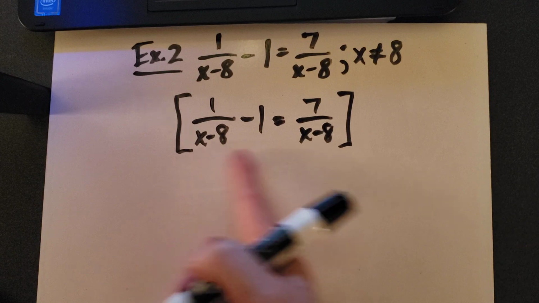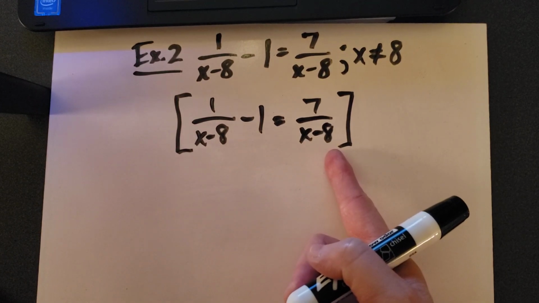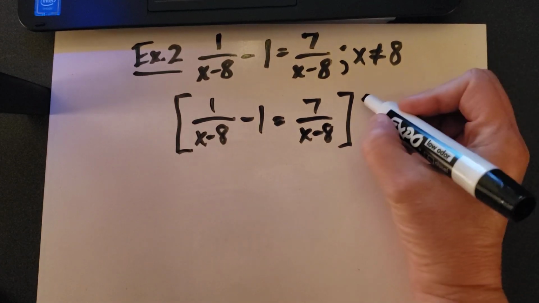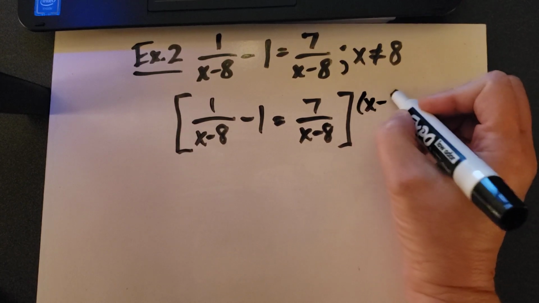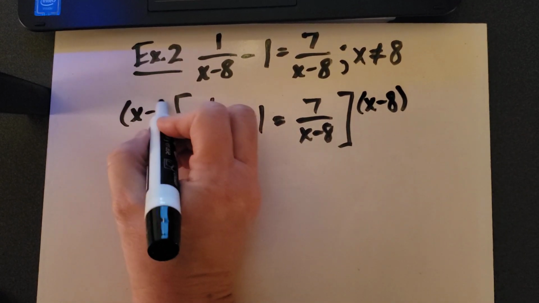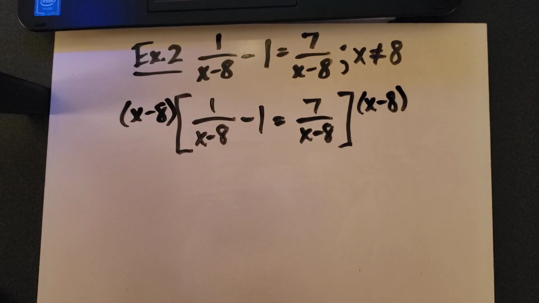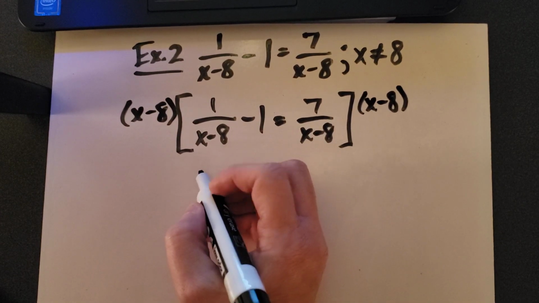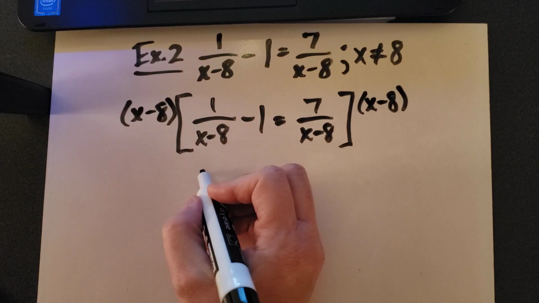And no, they're already in common with each other. So the least common denominator is just to multiply by just a single x minus 8.